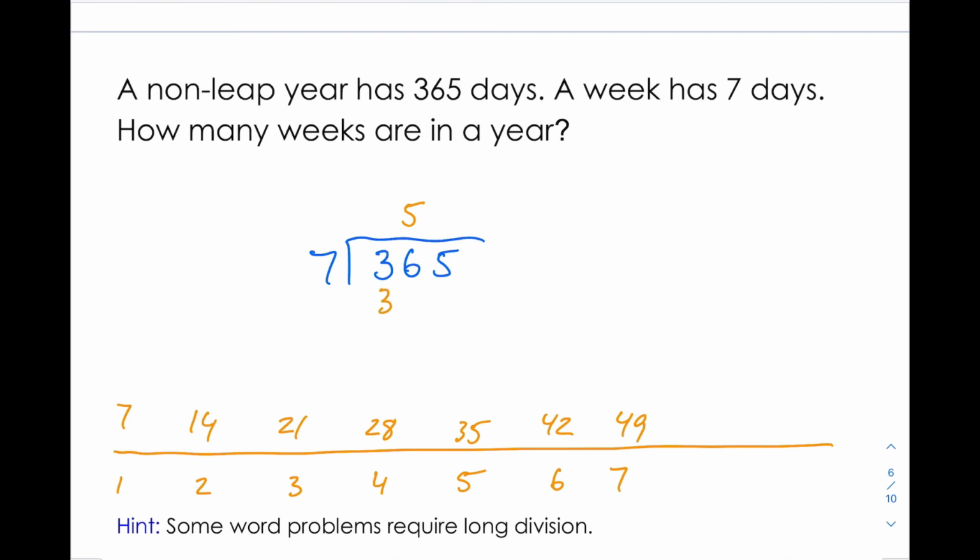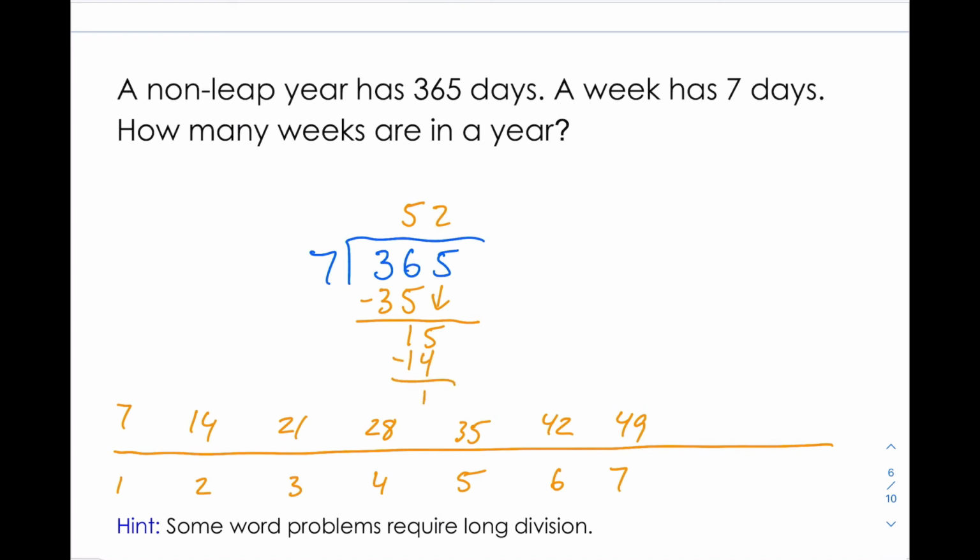7 times 5 is 35. Subtract. I have 1 left over. I bring down the 5, and now I have 15 divided by 7. So it would have to be 2. So 7 times 2 is 14. Subtract, and I have 1.